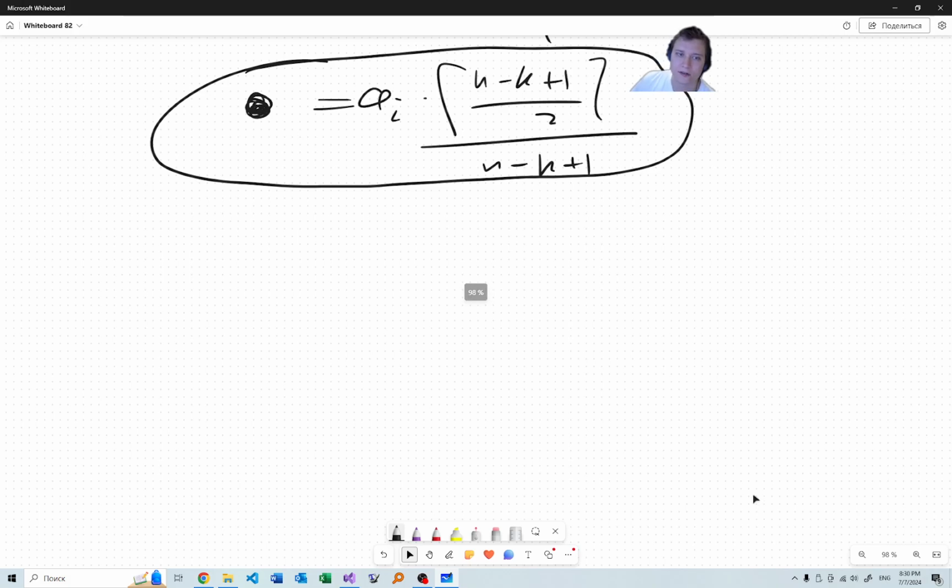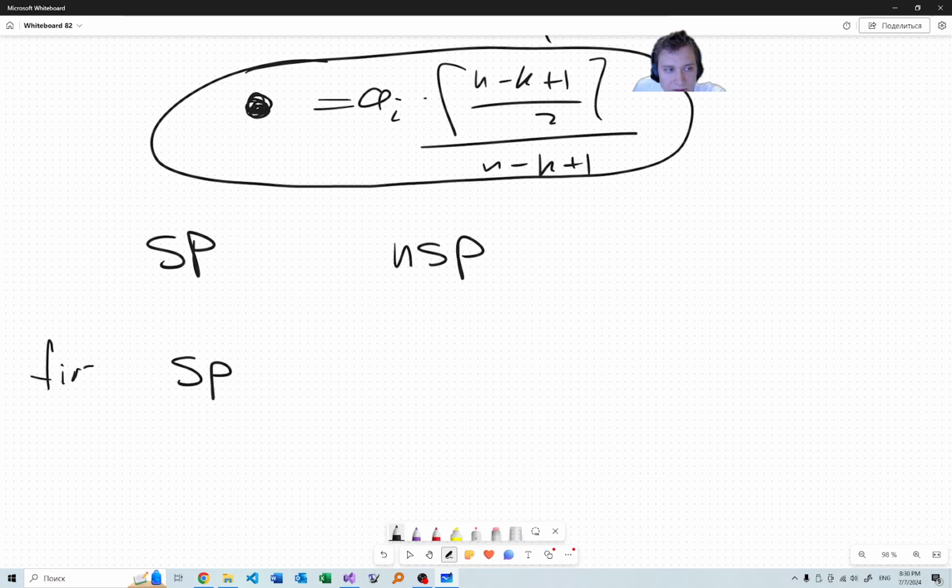Okay, in total, let's denote SP as the sum of special elements and NSP as the sum of not special elements. Then the answer equals the following thing. For the first player, special elements are multiplied by n minus k plus 1 over 2 ceiling divided by n minus k plus 1.